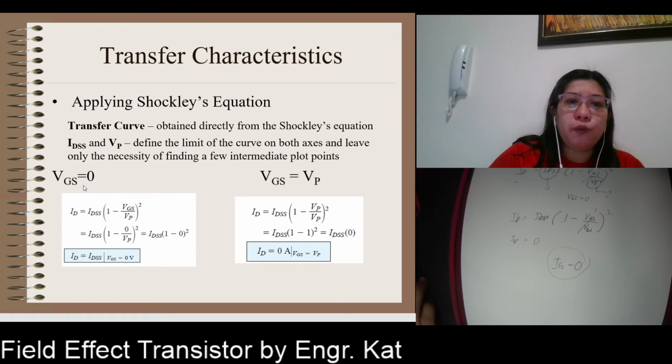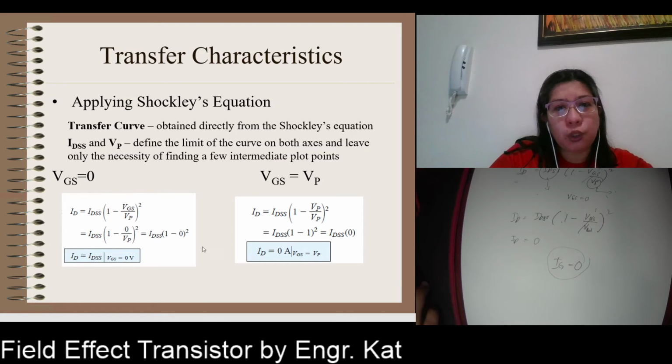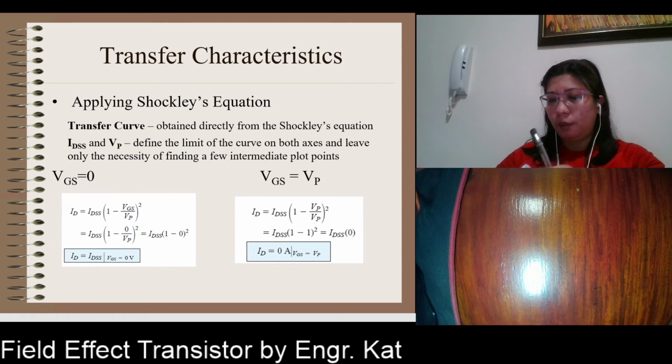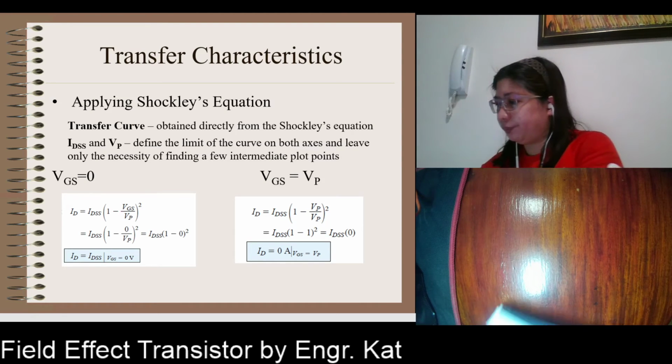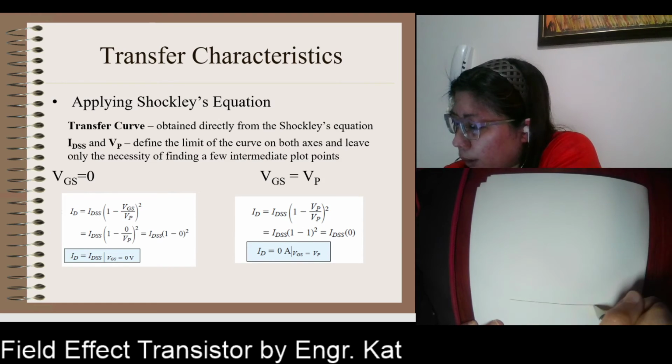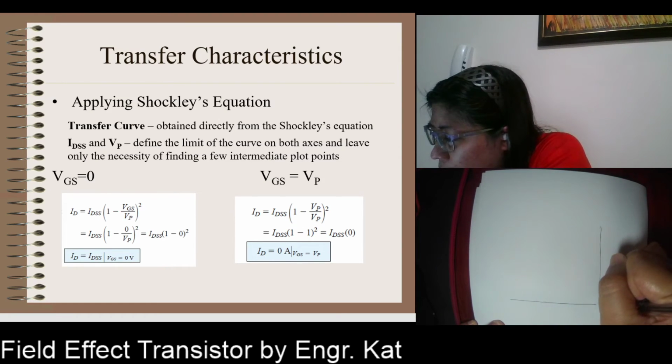Okay? So when your VGS is equal to 0, substituting that to your formula, your ID is equal to your IDSS. So, for example, in drawing that, you already have 2 points.